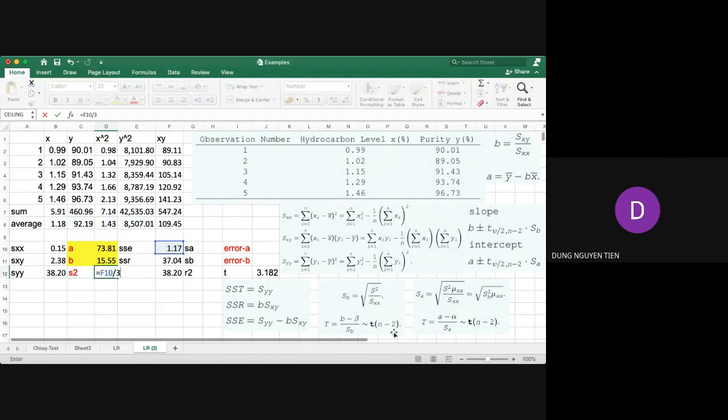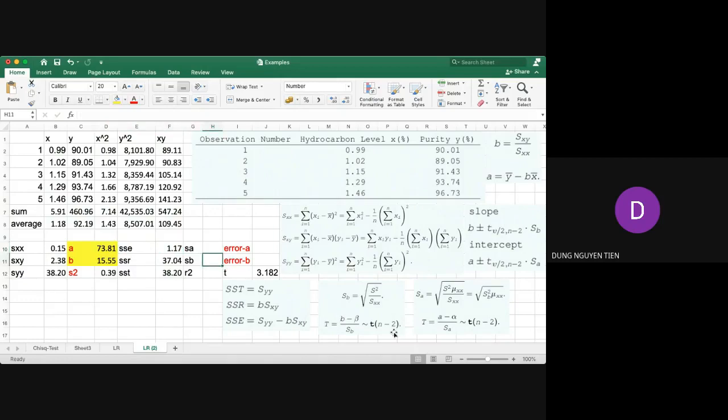Okay. So you get 0.39 for s squared. Now we are ready to find the s_a and s_b. What is s_b? If you have a look at this formula, you see that it is the square root of the s squared over the Sxx, 0.15.